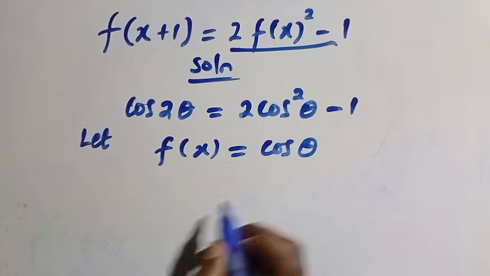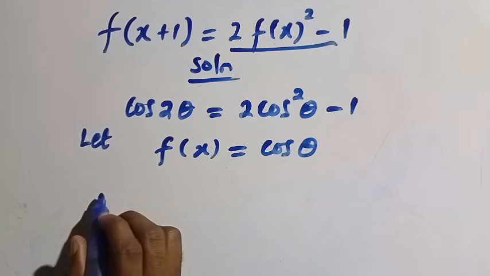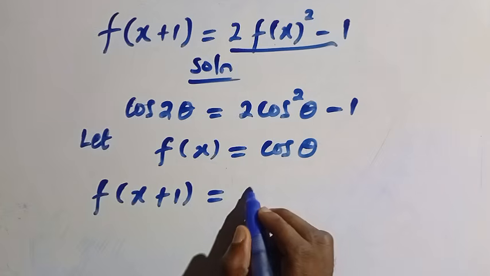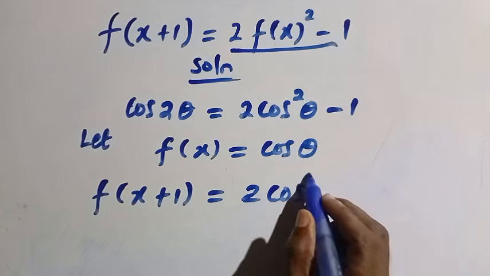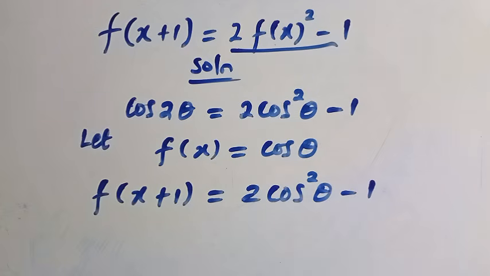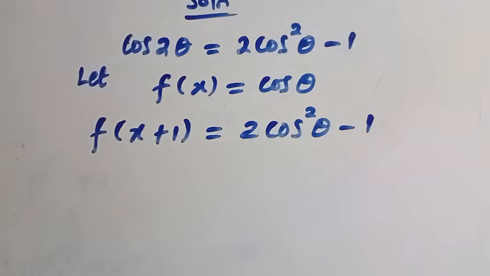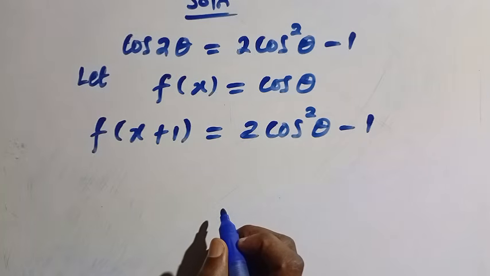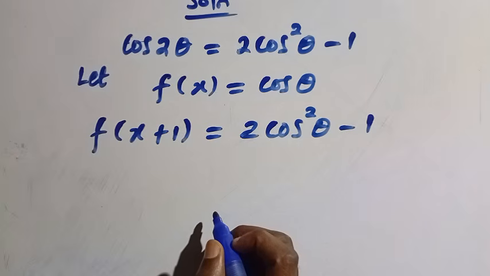So we have f(x) = cos θ. Therefore, f(x+1) = 2cos²θ - 1, and everything here equals cos 2θ. To find the periodic values, we need to get f(x+2), f(x+3), f(x+4), to as many as we have, then we get the general f(x).